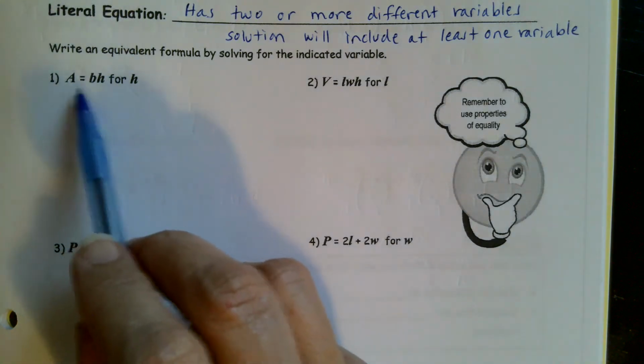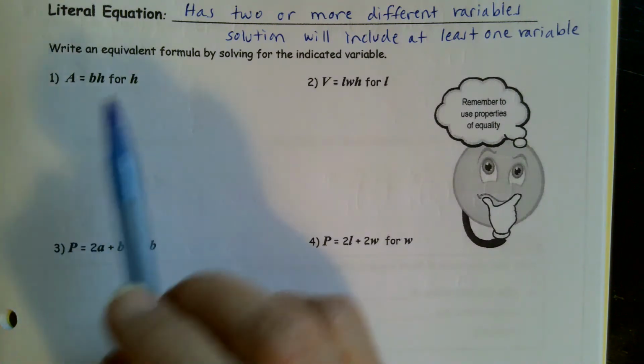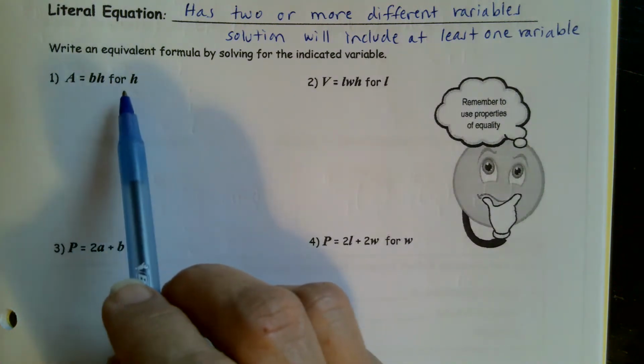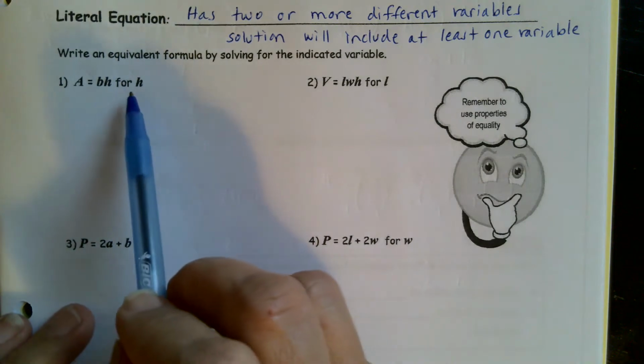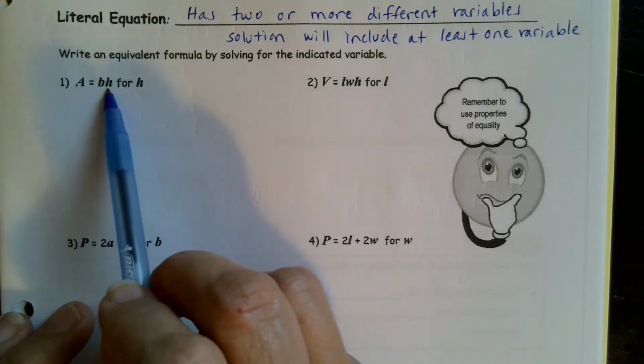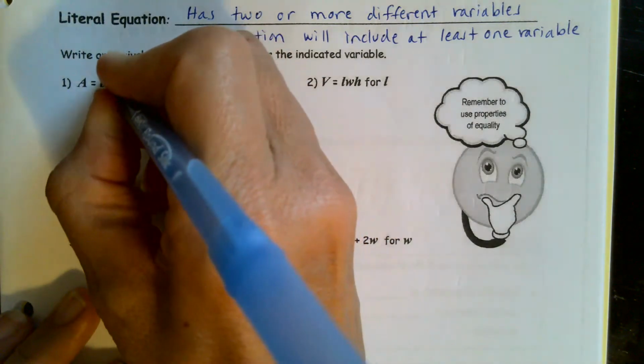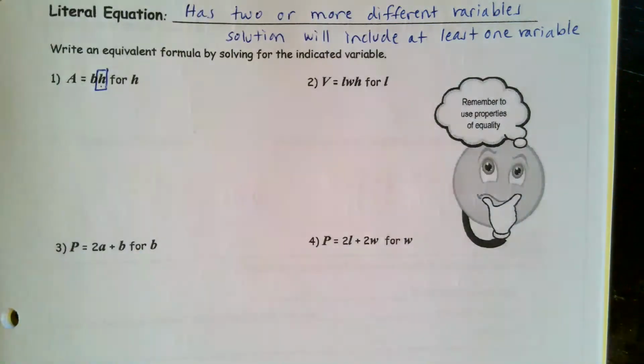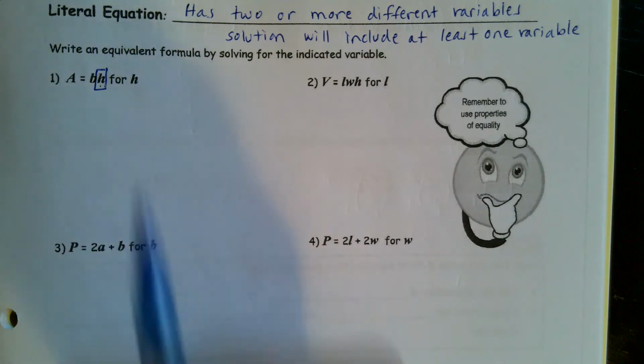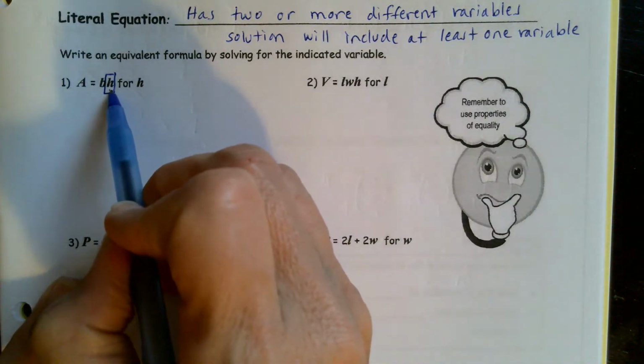Okay, let's take a look at number 1. If you have a highlighter, it's helpful to highlight what you're solving for. So I have this equation, a equals bh. I'm going to solve for h. If you don't have a highlighter, you can box what you are solving for. So I need h to stay there.